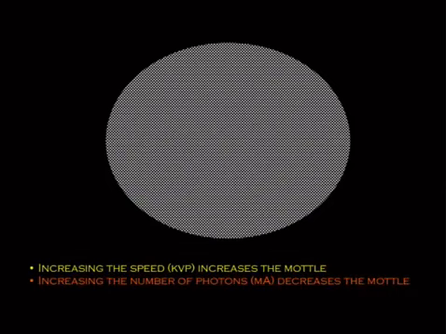The bottom line is that if you increase the number of photons, in other words, if you increase your MA, you can decrease your mottle, because there is still a statistical fluctuation, but you're drowning it out by making it less and less significant. Increasing the KVP will not help. In fact, that can actually increase the mottle. So KVP can make it worse if it's done alone.